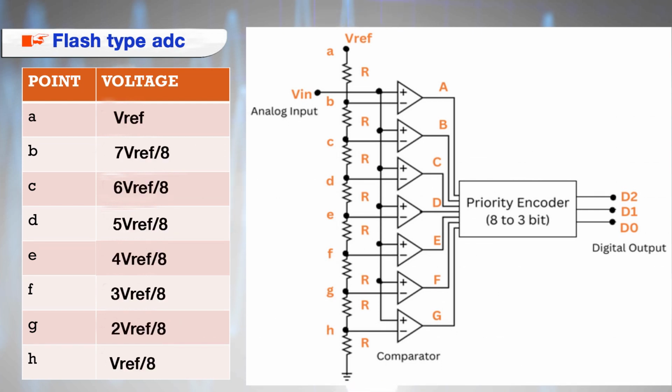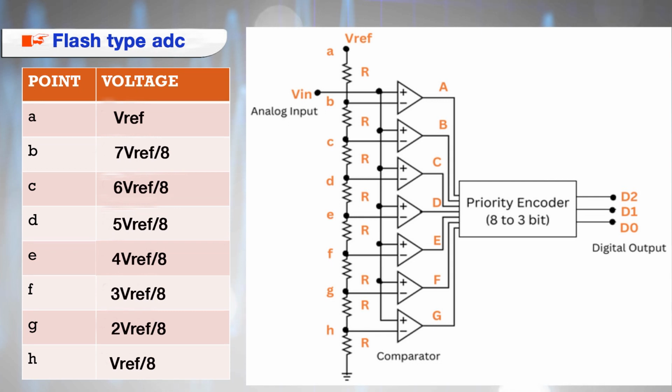So here we have 8 resistances of value R, and the voltage applied at point A is Vref. Let us calculate the voltage at all points from point B to point H. Since all resistances are connected in series and the last resistance is connected to ground, and all resistances are equal in magnitude, equal voltage drop occurs across each resistor.